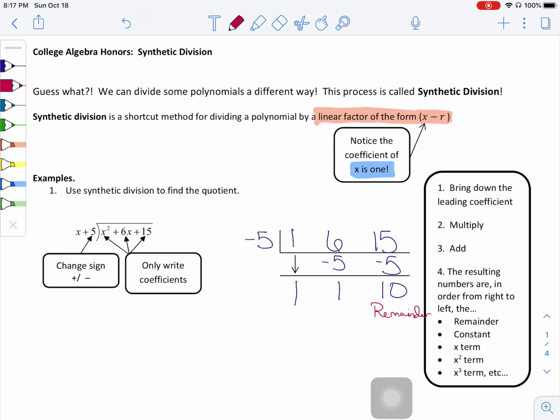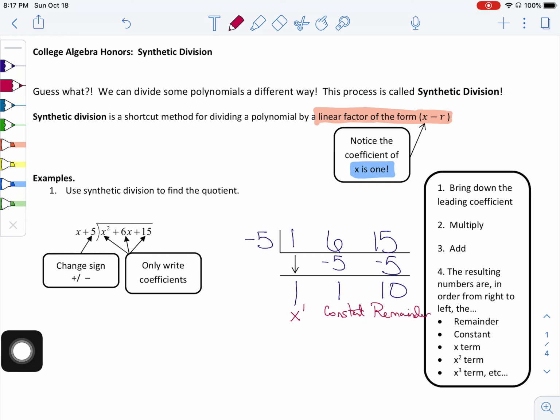Now if you move one place over to the left, this is your constant term, okay? And then as you move up from the constant, you're going to have powers of x. So this is going to be x to the first. If you had a longer polynomial to start with, you'd start counting up.